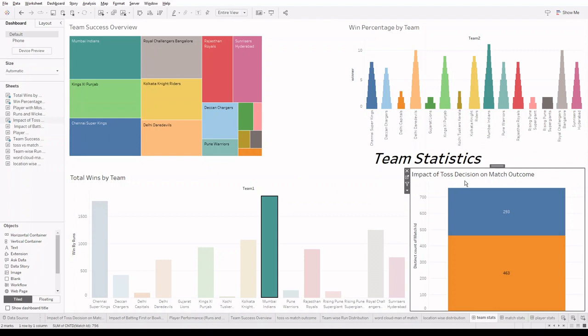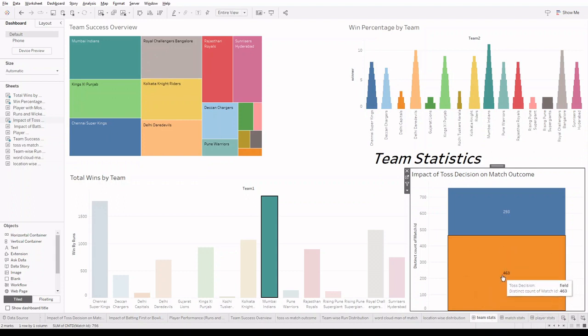Coming to the bottom right graph, we can see two boxes resembling the impact of the toss decision on match outcome. It's like getting heads or tails when they choose batting or bowling on the toss.